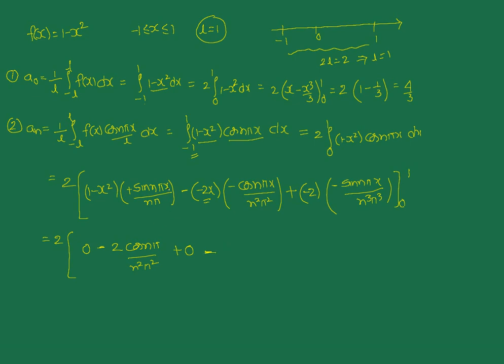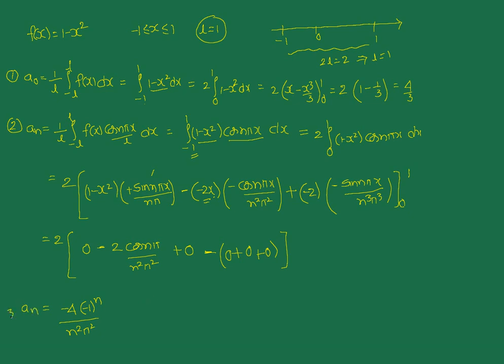If you substitute the lower limit, sin 0 in the first term is 0. Here if you substitute 0, 2 into 0 is 0, therefore this product is also 0. Therefore 0 plus 0, and the third term is also 0. Therefore what you are left with is 2 into minus 2, minus 4 into cos n pi, which is minus 1 whole power n, by n square pi square. This is the an value.